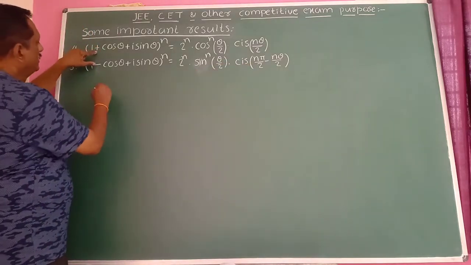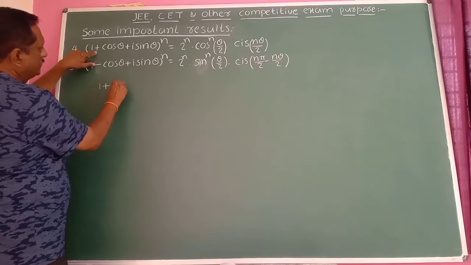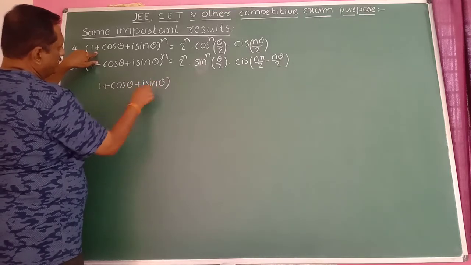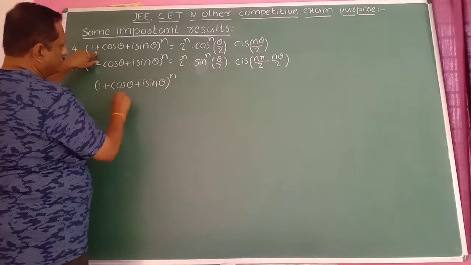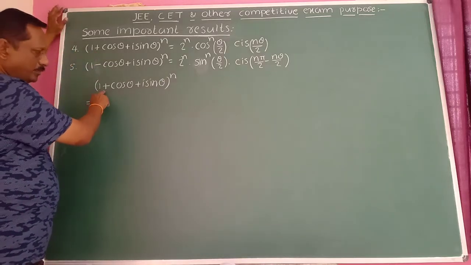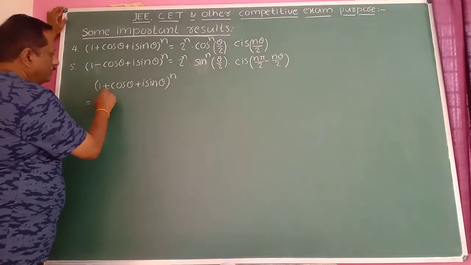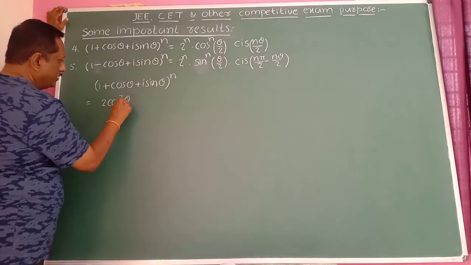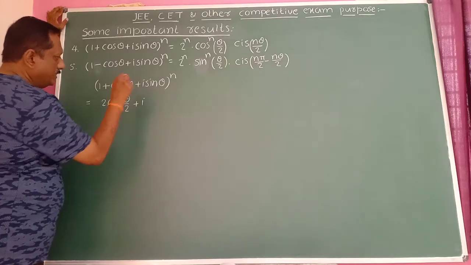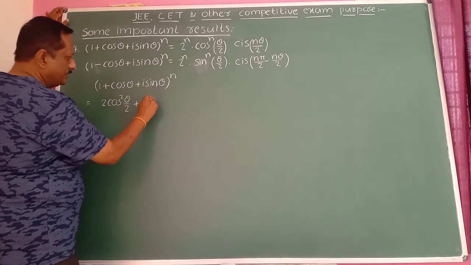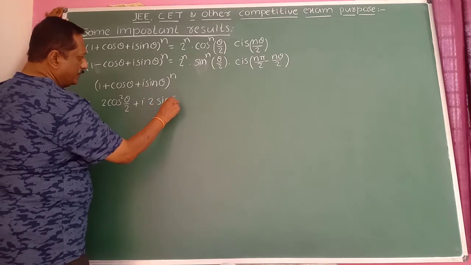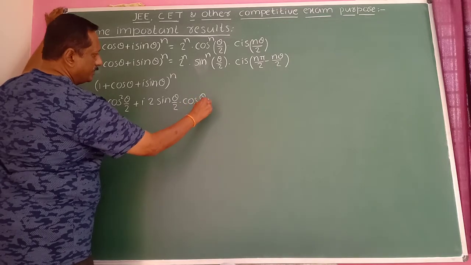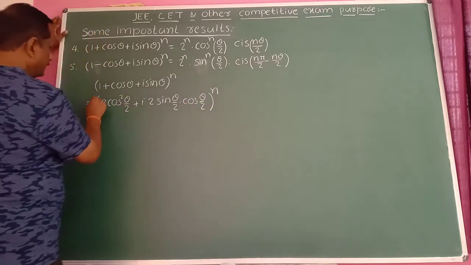Just observe here, (1 plus cos theta plus i sin theta) raised to n is equal to, using the submultiple angle formula, 1 plus cos theta is 2 cos square theta by 2, plus i into, and the sin theta formula is 2 into sin of theta by 2 into cos of theta divided by 2, whole raised to n here.